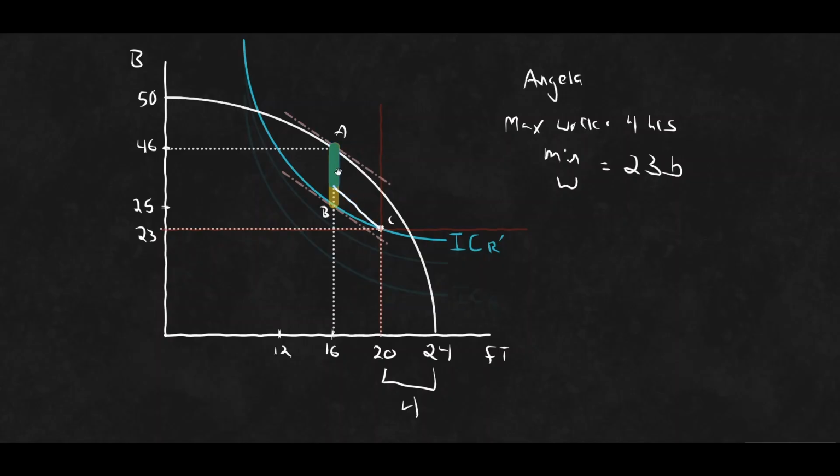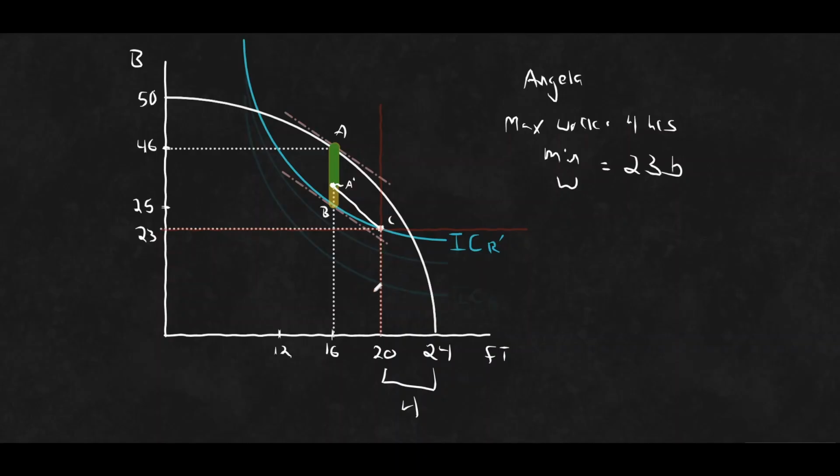Anywhere along that line, Bruno's still getting that green payoff, which would be the vertical distance between that production possibility frontier and this new white line that we've drawn. Let's call that A prime. So anywhere along this line, Bruno is no worse off.